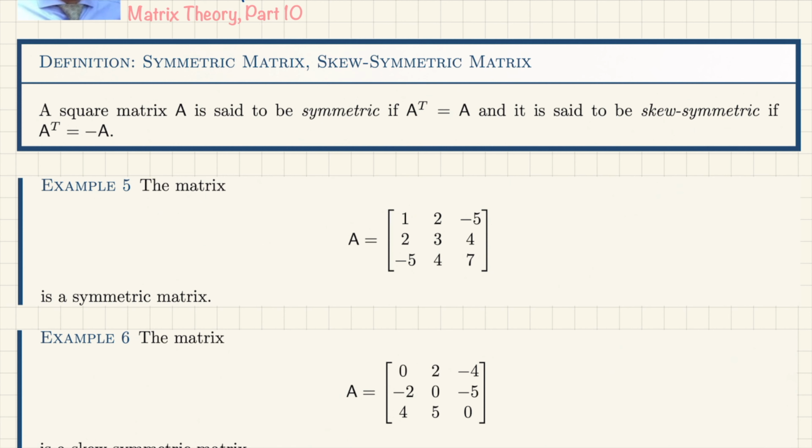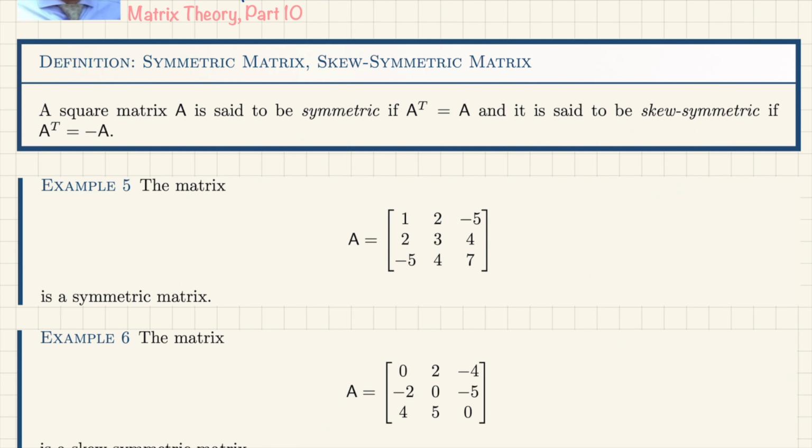Of course, you know that it has to be square, otherwise the transpose of a rectangular matrix doesn't match the order. So if you have a matrix A, sometimes it is possible that when you transpose it, it becomes the matrix itself. Then it is called symmetric.